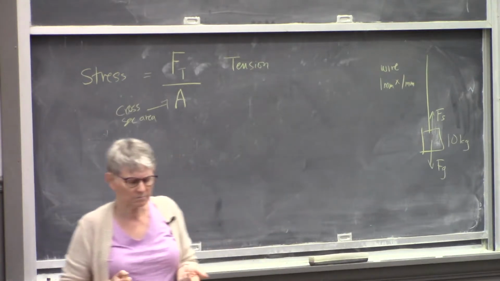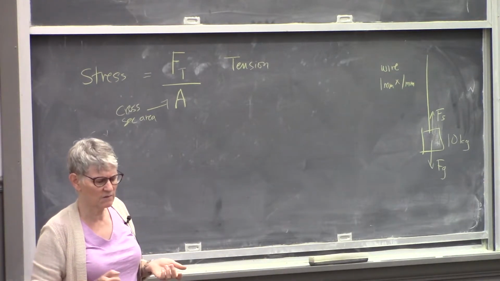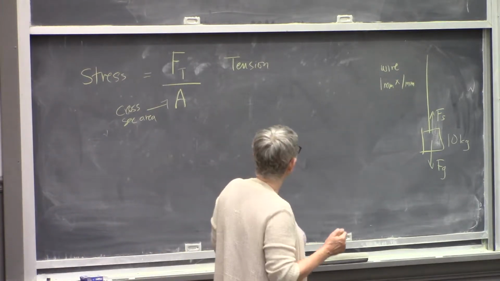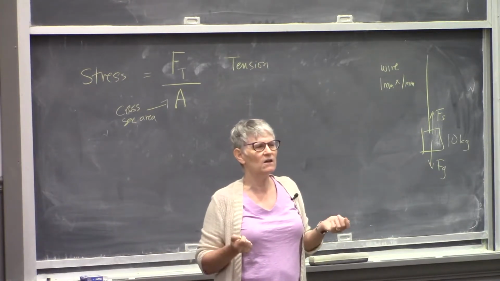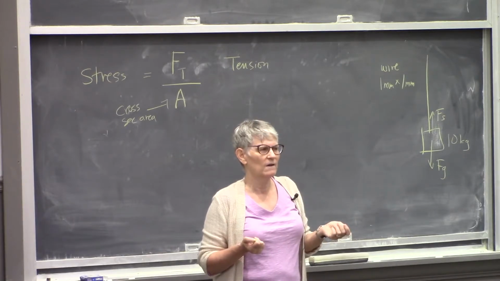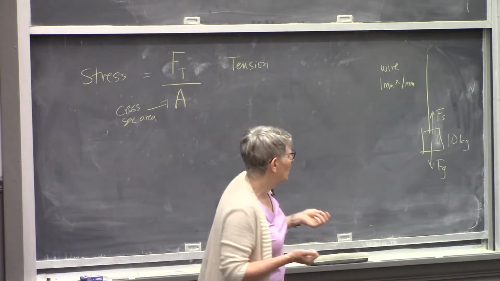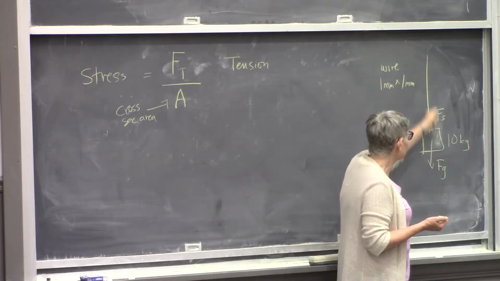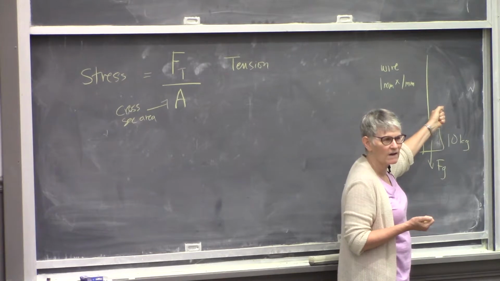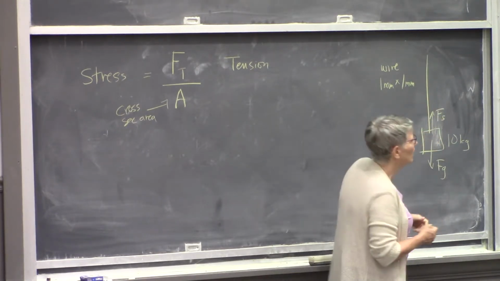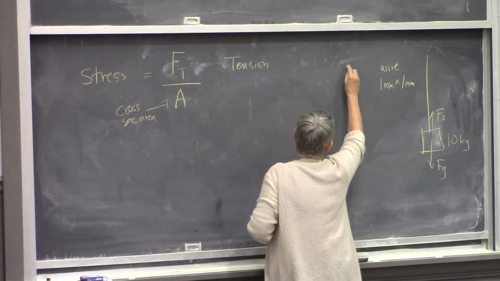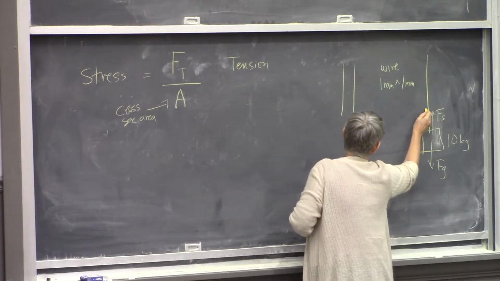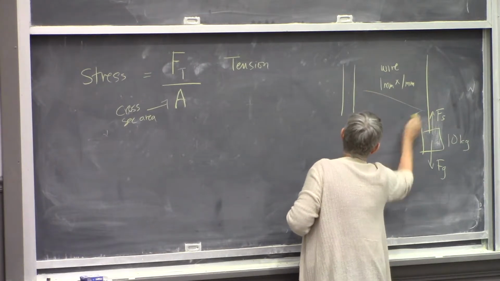And in fact, why is it called a tension? We often say, what is the tension in the wire? Now that's kind of an odd way to say it, because we know that the wire is exerting an upward force on this block. What does it mean for tension in the wire? The thing to think about is some location in the middle of the wire. So we'll blow it up here.